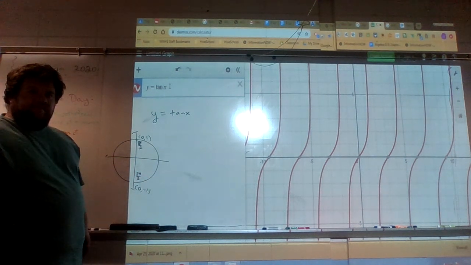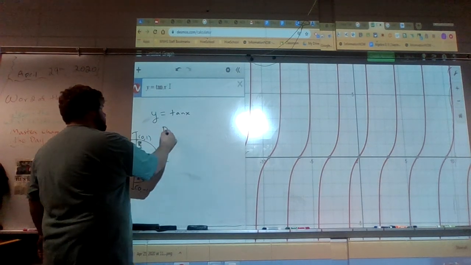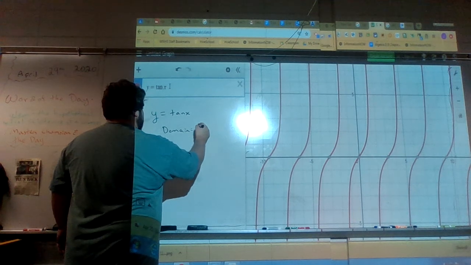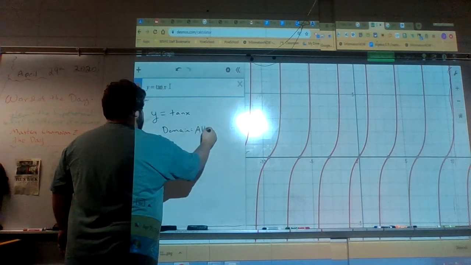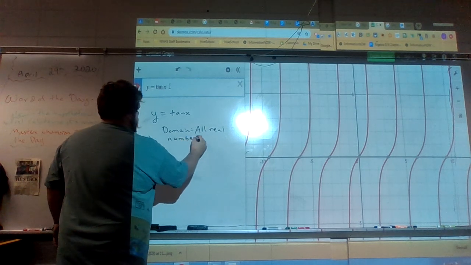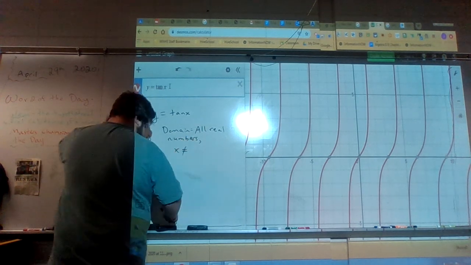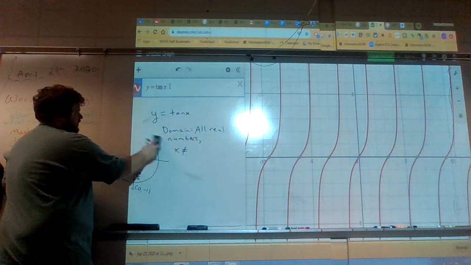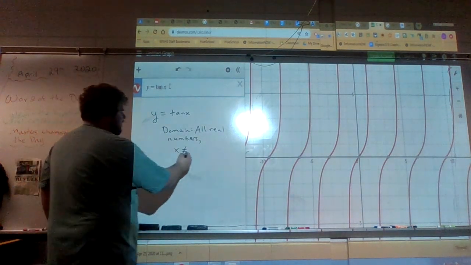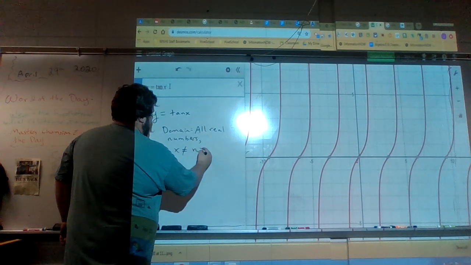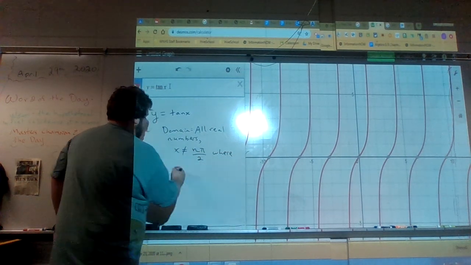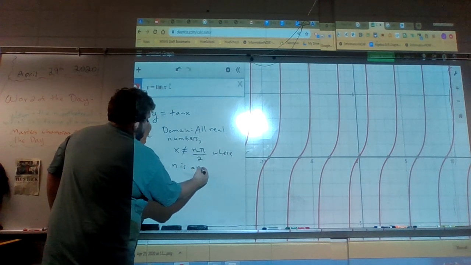So tangent actually has a domain where it's all real numbers, but x cannot equal n pi over 2, where n is an odd integer.